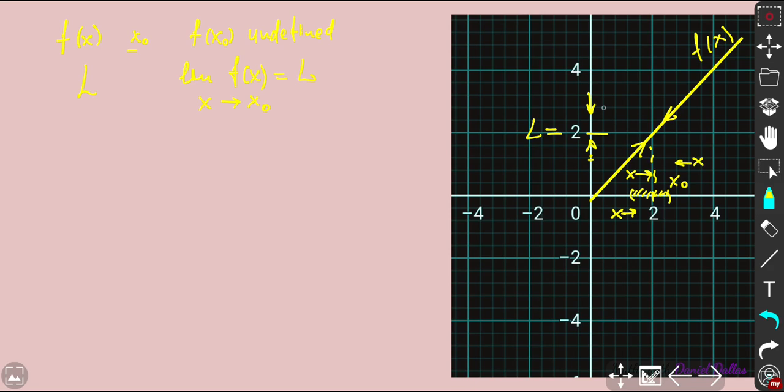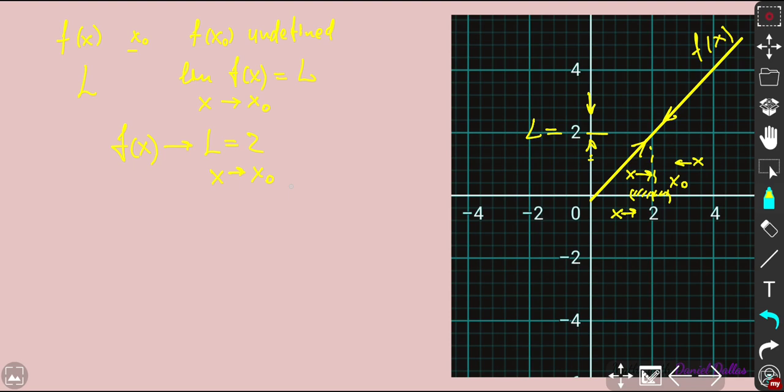And that means we can say the following: we can make our value for the function f(x) very close to L, which in our case is 2, by taking our x values very close to x0, from both sides.